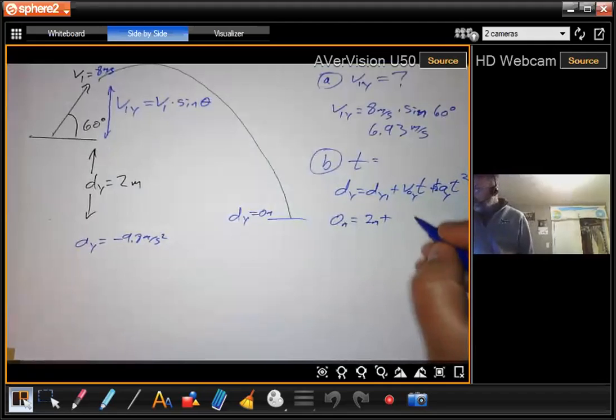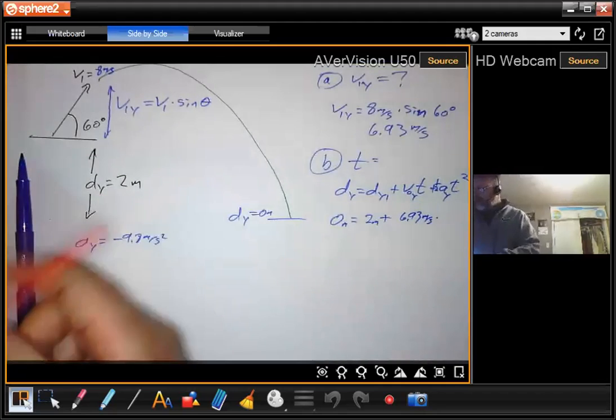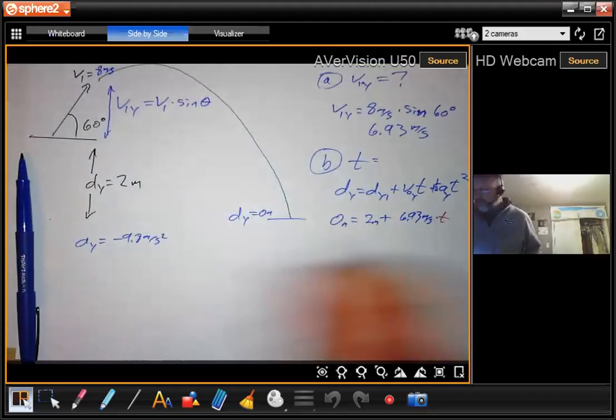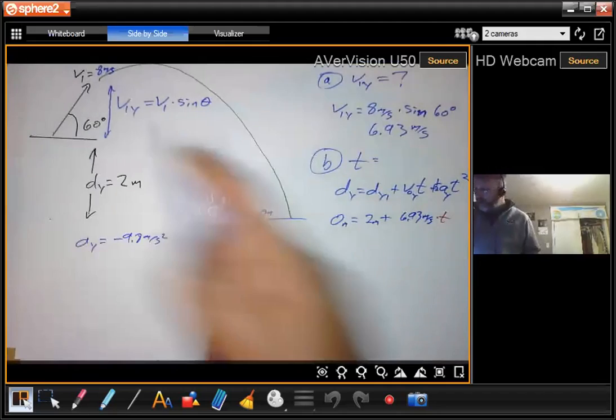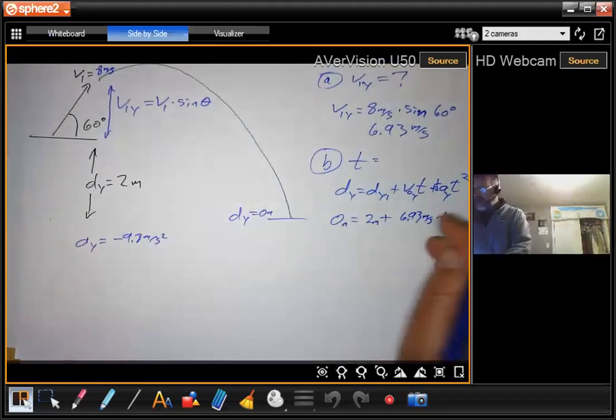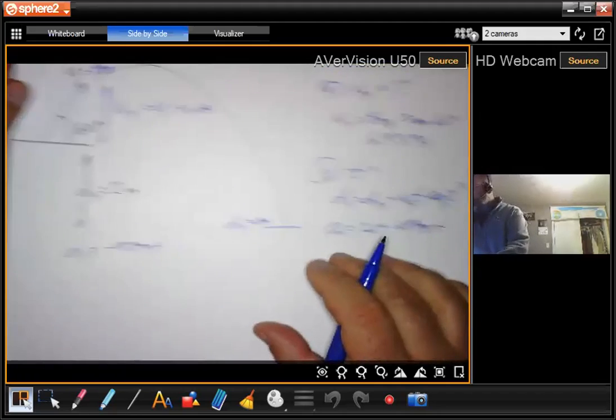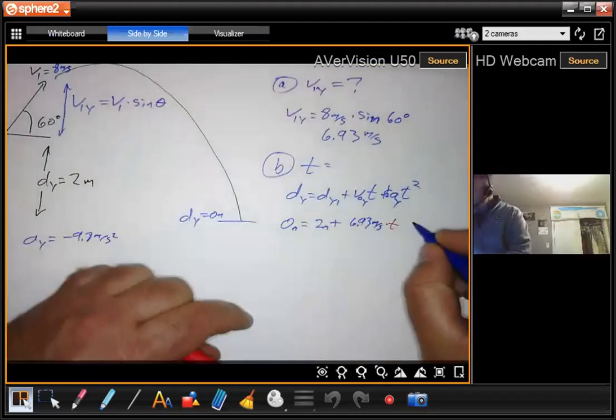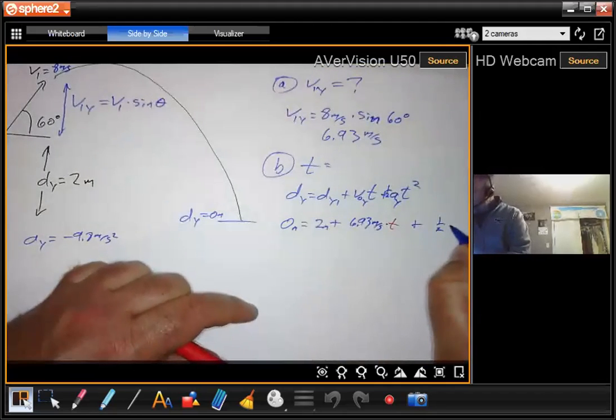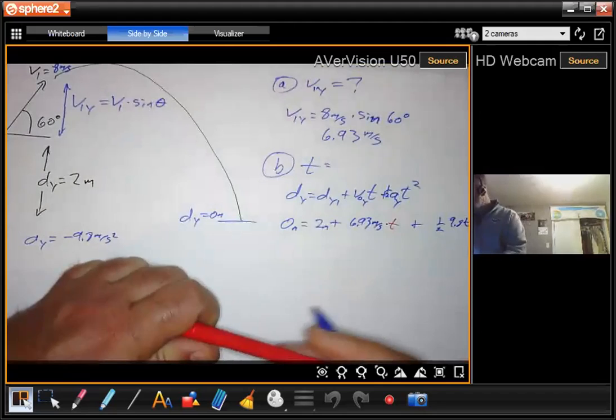6.93 times, this is what we're looking for, t, plus, running out of paper here, we're going to just pretend this paper is a little bit longer, plus 1/2 9.8 t squared.